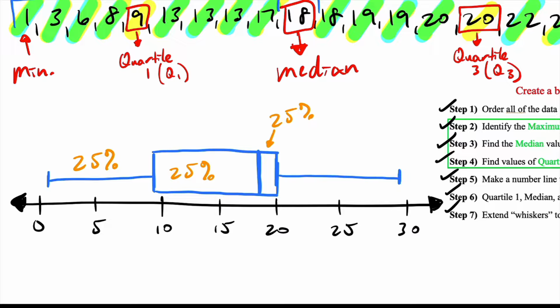And then the last 25% have birthdays from the 20th to the 29th.